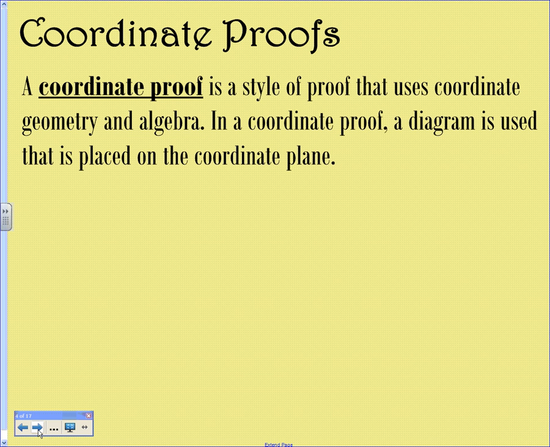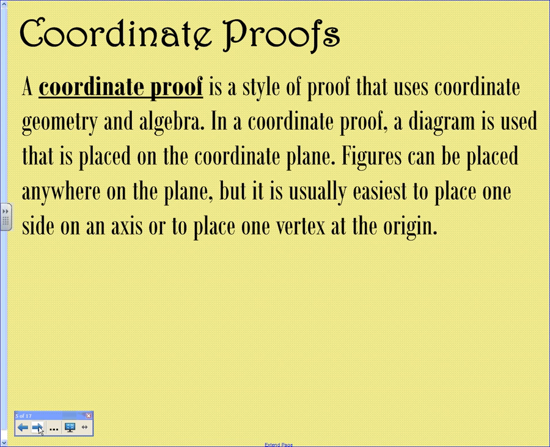In a coordinate proof, a diagram is used to place on the coordinate plane. So you're going to put some picture on a coordinate plane. They can be placed anywhere, but it's usually easiest to place one side on an axis or to place one vertex at the origin.